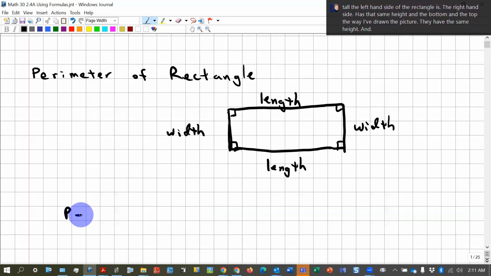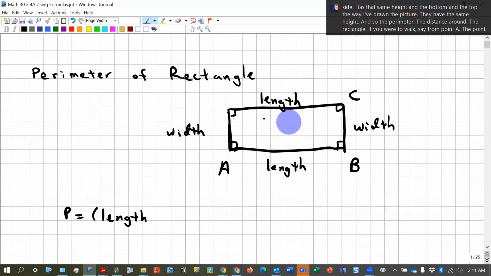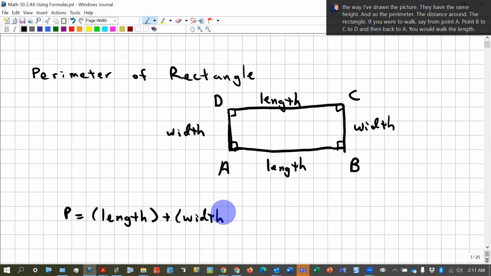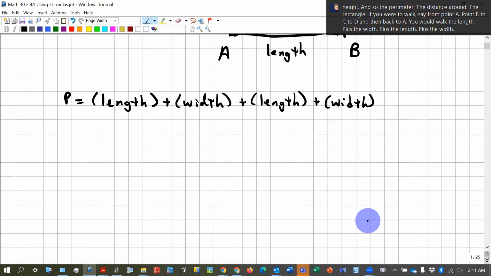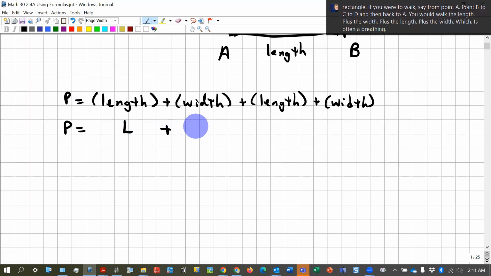And so the perimeter, the distance around the rectangle, if you were to walk, say, from point A to point B to C to D and then back to A, you would walk the length plus the width plus the length plus the width, which is often abbreviated L plus W plus L plus W.